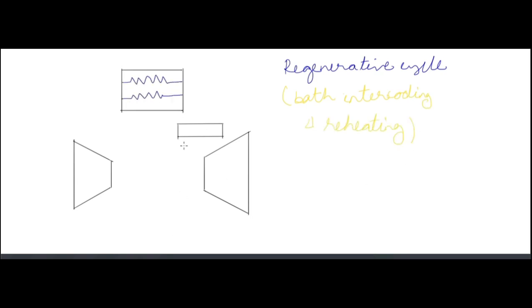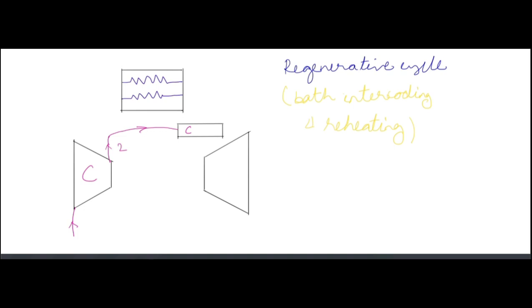So this is the regenerative cycle. Both intercooling and reheating happen here. Now if it had been only a Brayton cycle, then after compression the air would have gone to the combustion chamber, but it's a regenerative cycle.